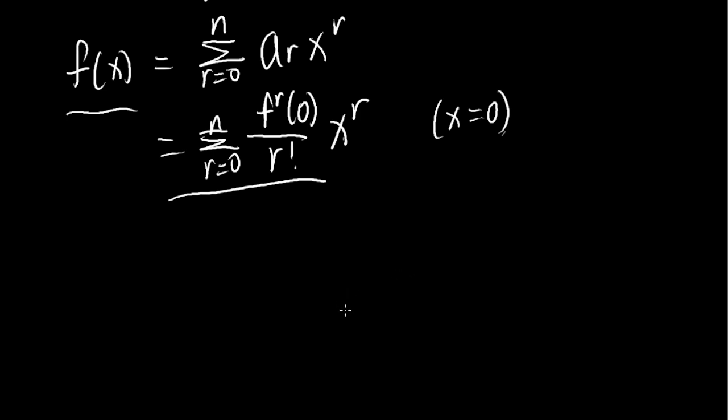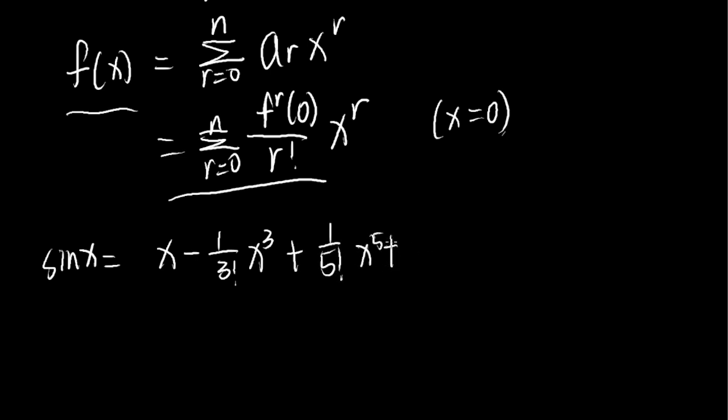That's how we get the important formula of Taylor expansion. For example, we can expand sine x, which is x minus 1 over 3 factorial x^3 plus 1 over 5 factorial x^5 minus 1 over 7 factorial x^7.